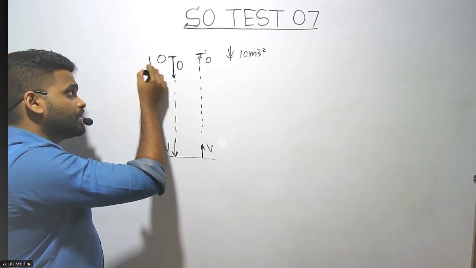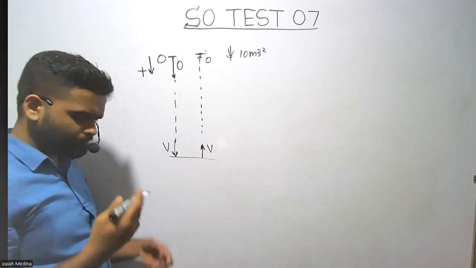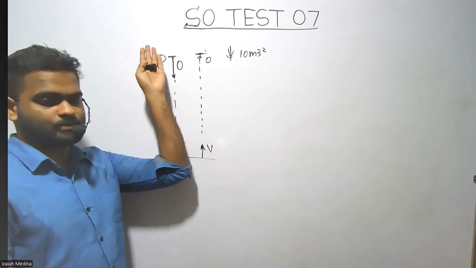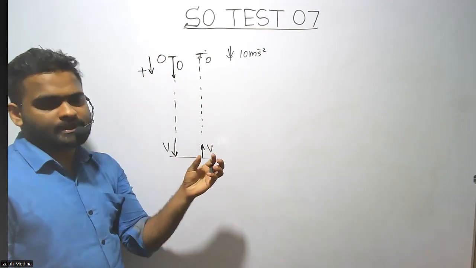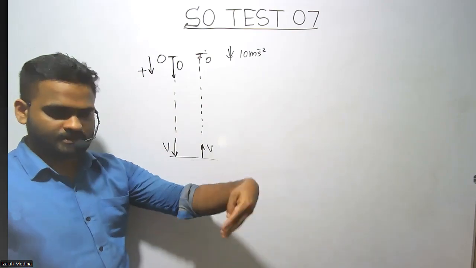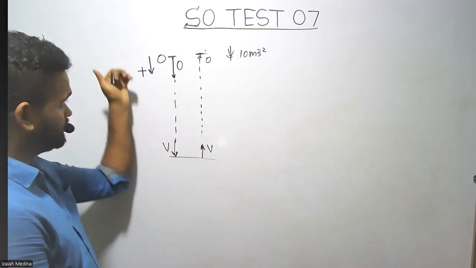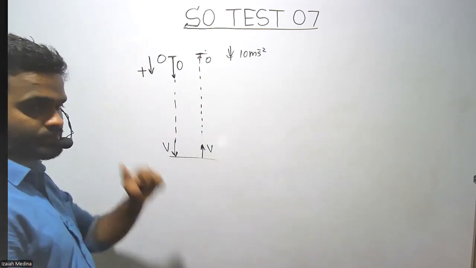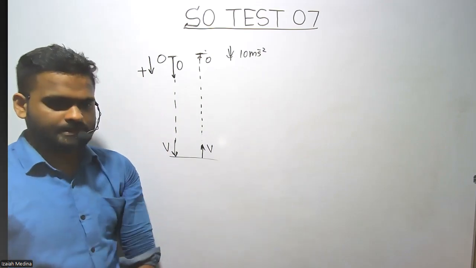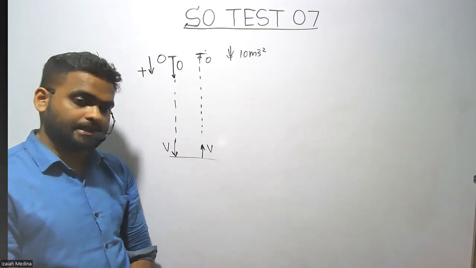Then you have to define a positive direction. The positive direction can be any direction. It can be upwards as well. Usually we take the positive direction to be the direction that the object starts to move. So I'm choosing the positive direction to be downwards. You can choose upwards as well. You have to get the correct graph there.